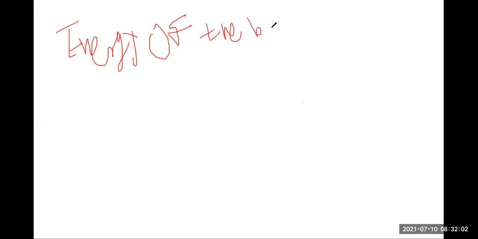So here you can write energy of the ball at height 10 meter is equal to, we know if any ball is at rest at a height, which energy is present in it? Potential energy. So we can write it is equal to mgh.